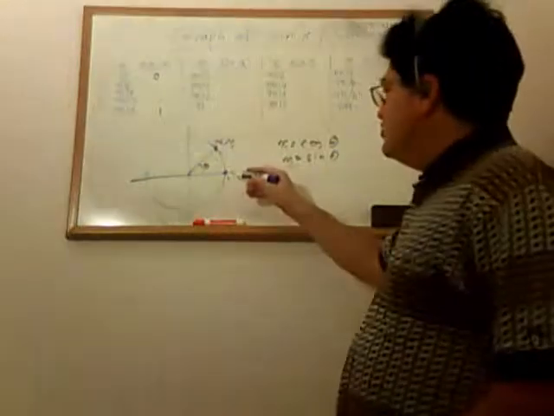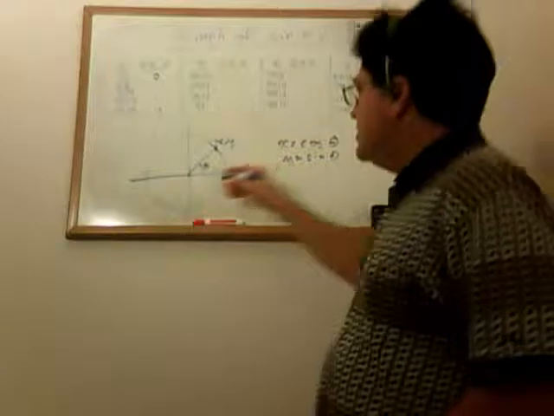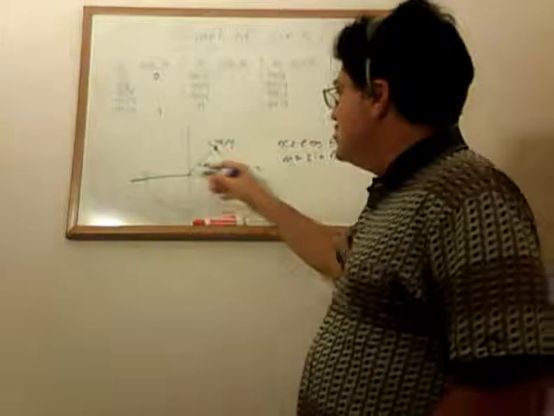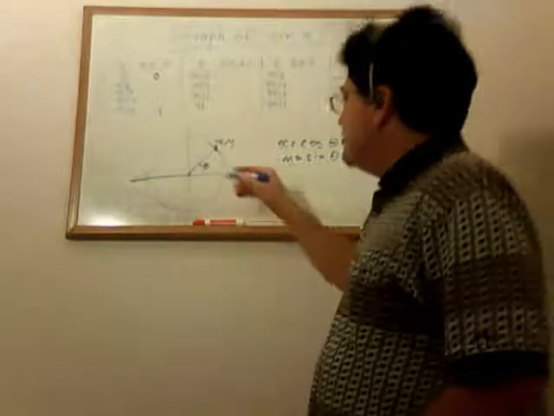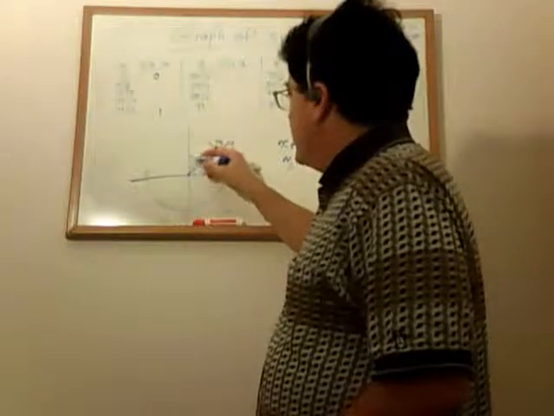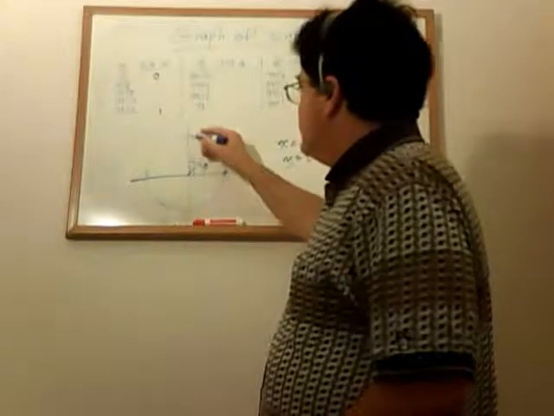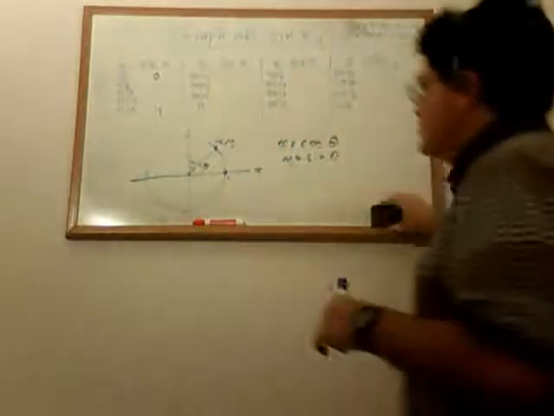When theta is 0, you can see that x is 1. That means cosine of 0 is 1, and y is 0. That means sine of 0 is 0, like I showed. And when theta is pi over 2, the right angle, then y is 1, which is sine of pi over 2. So that's how we get those values.